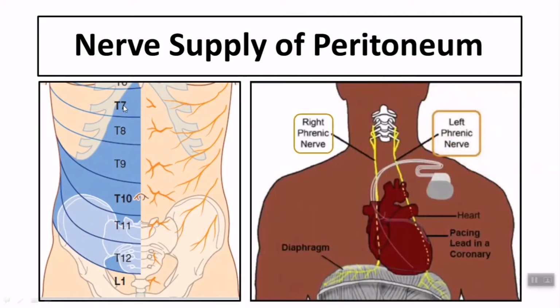Here we can see it's the same nerve that supplies the anterior abdominal wall from T7, T8, T9, 10, 11, 12, and L1, also supplying all layers of the anterior abdominal wall. In addition, the peritoneum of the pelvis is supplied by the obturator nerve, and the diaphragmatic peritoneum is supplied by the phrenic nerves.